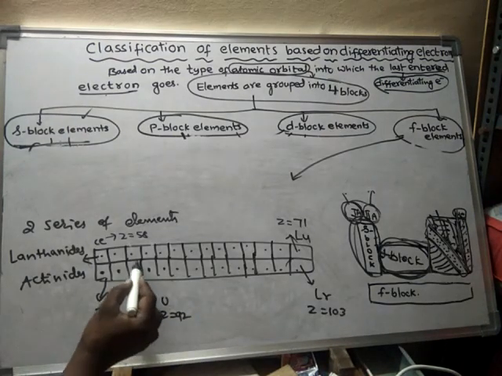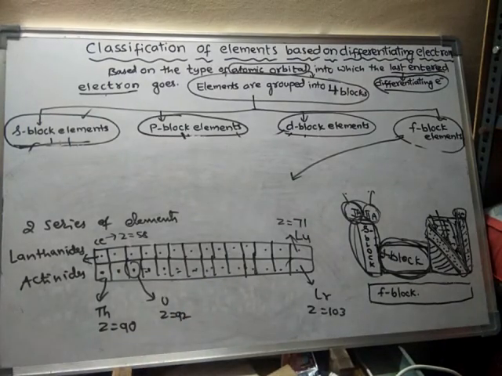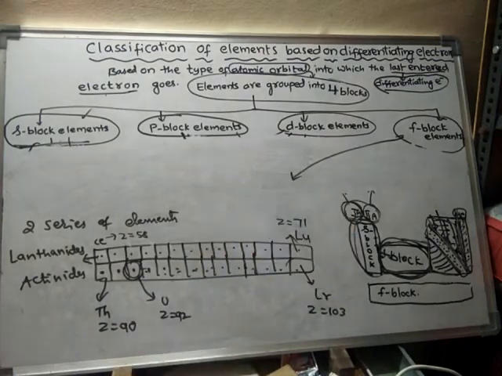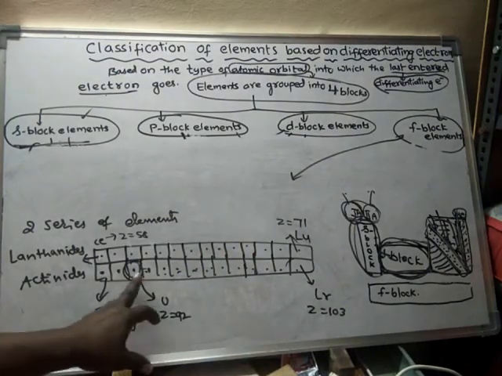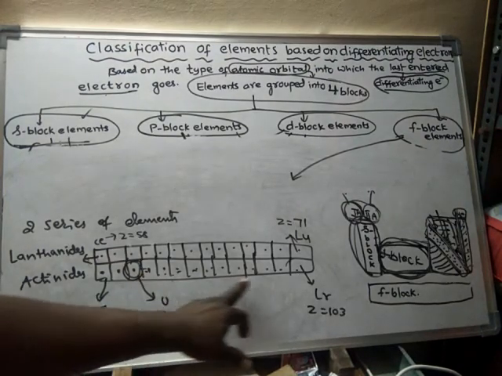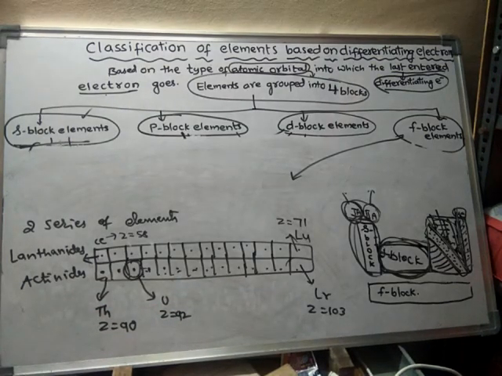After uranium, all these elements are called transuranic elements. These transuranic elements are prepared artificially by man. They do not occur in nature. Hence these elements are said to be synthetic elements. All the elements which come after uranium are synthetic elements.